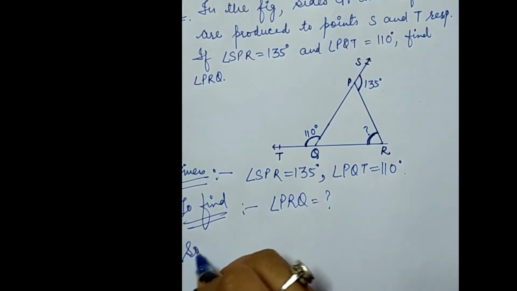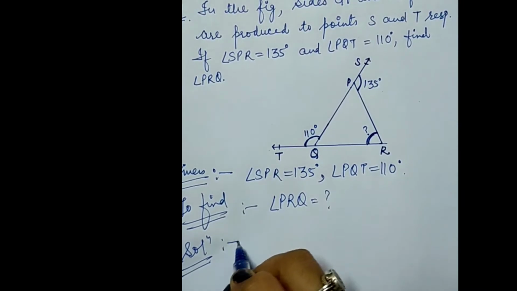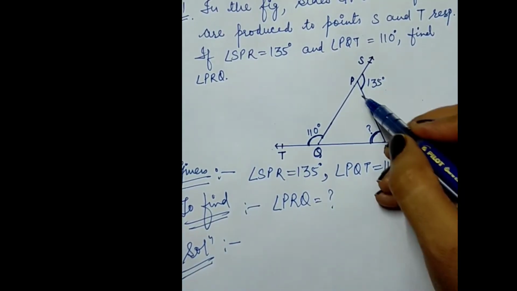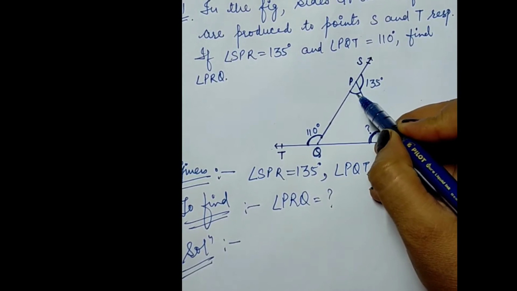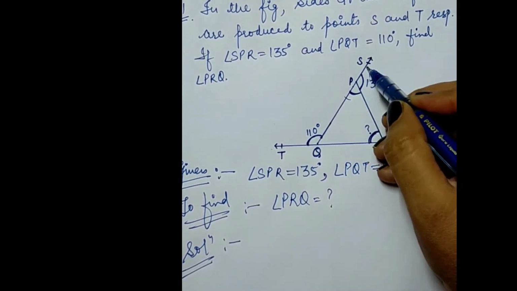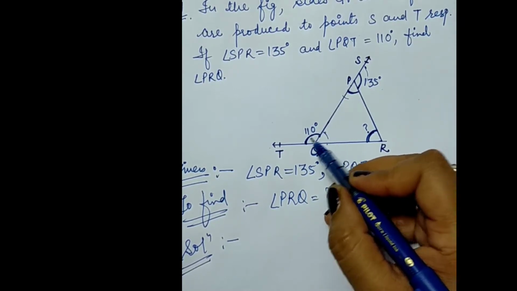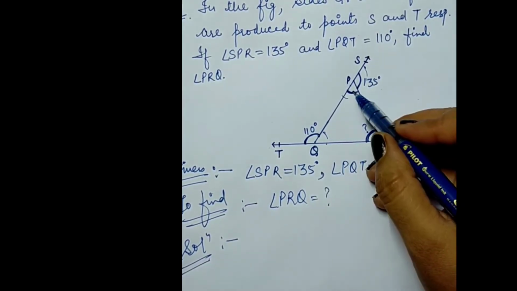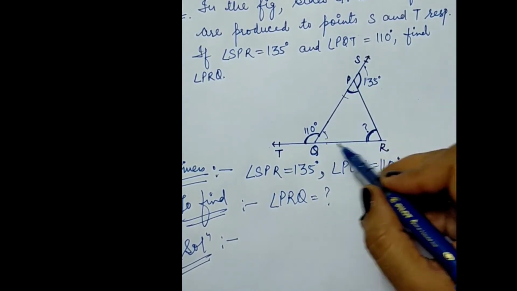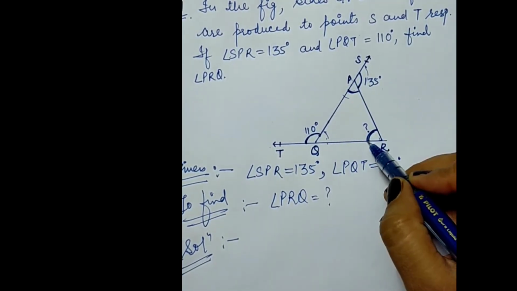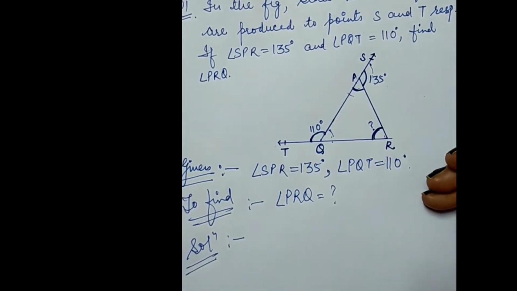So how to do this? There are two basic methods. In one of the methods, we will find out this thing using linear pair. And here also we will find out this angle using linear pair. When we get these two angles, using angle sum property, we will find out the third angle.